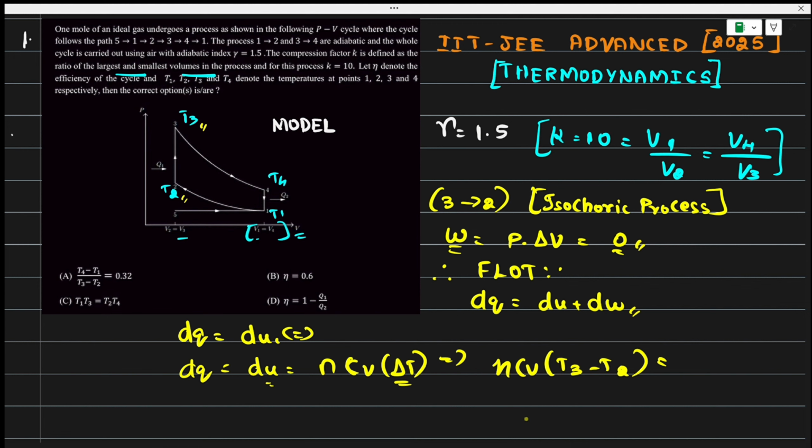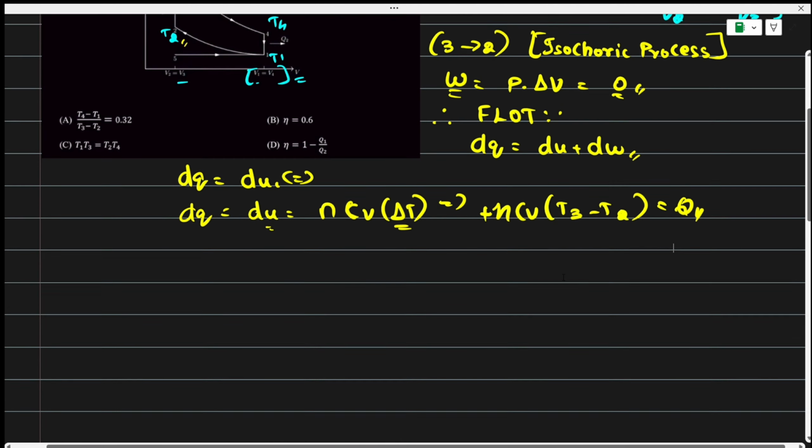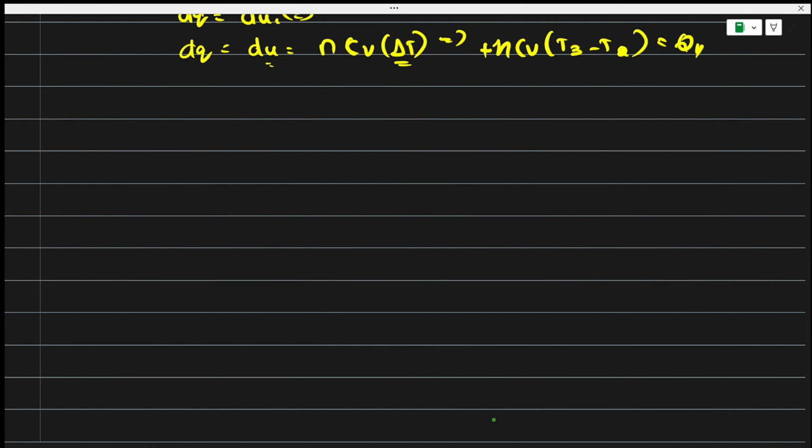Here the heat Q1 is given to the system, so it must be positive. Therefore Q1 is equal to nCV (T3 minus T2). Now let's find the value of Q2. Since Q2 is given out by the system, heat energy given out will be negative according to the sign convention.